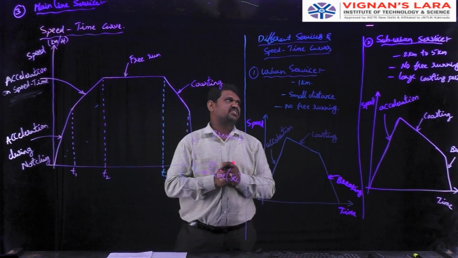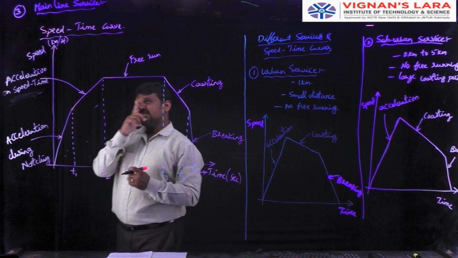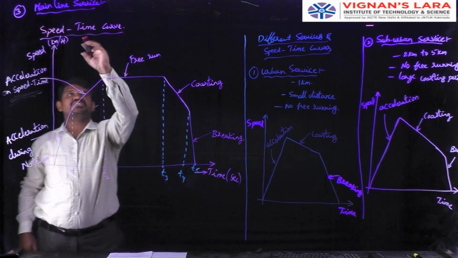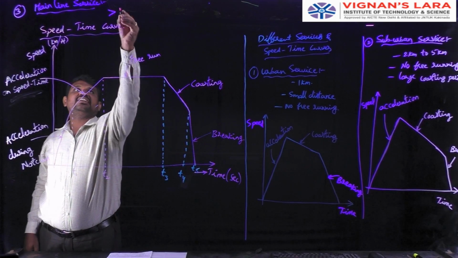In mainline service, the distance between the two stations is greater than 10 kilometers.